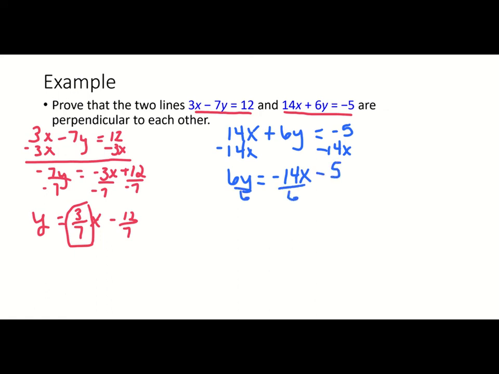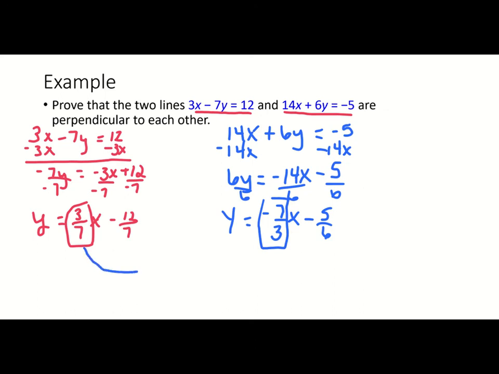Divide by 6. So y is equal to negative, and I'm going to simplify the 14 over 6, make it 7 over 3, x minus 5/6. So my slope here is -7/3.